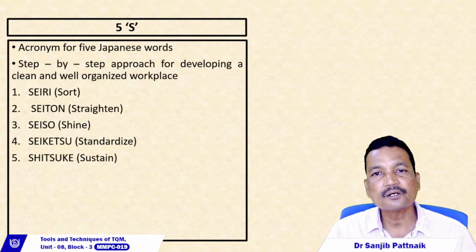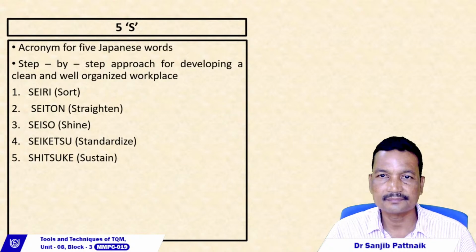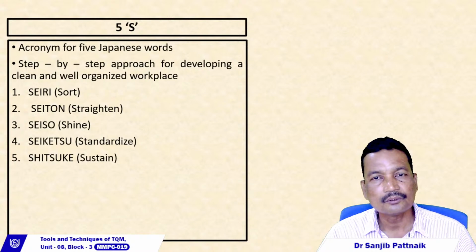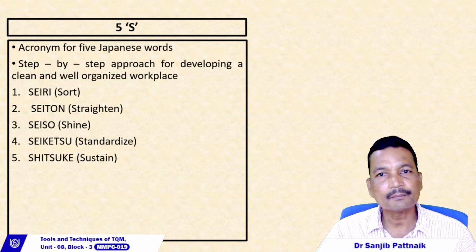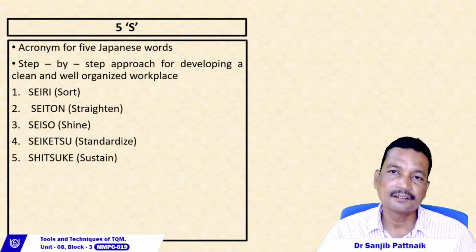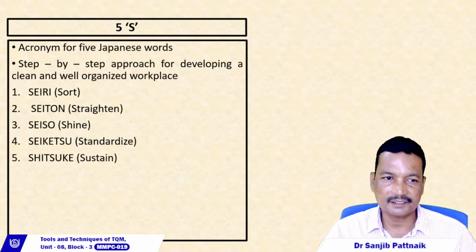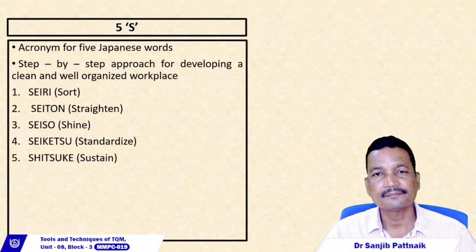Try to do away with the non-productive activities, keep the productive activities, and ask the employees that they have to adopt these cleanliness activities. Third comes Seiso, that means shining.